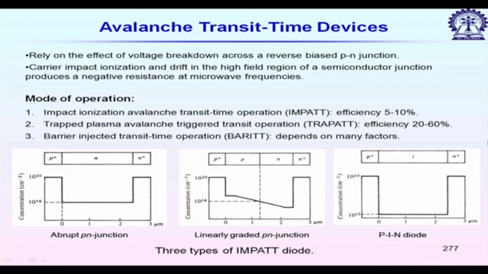Next device is the avalanche transit time device. In this type of device, it is associated with the avalanche breakdown phenomenon, the same phenomenon we see for a PN junction diode at low frequency.